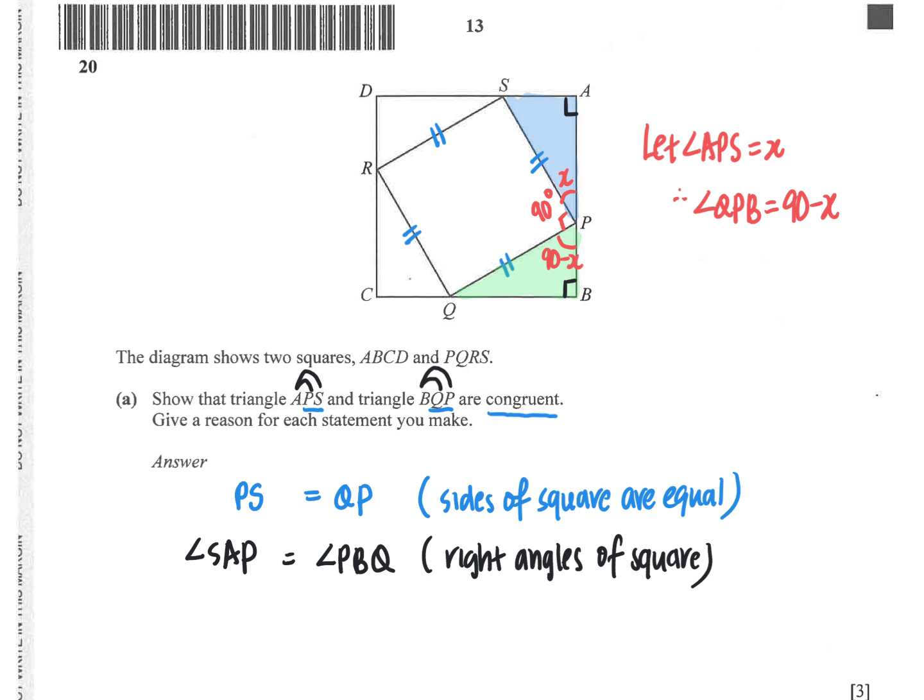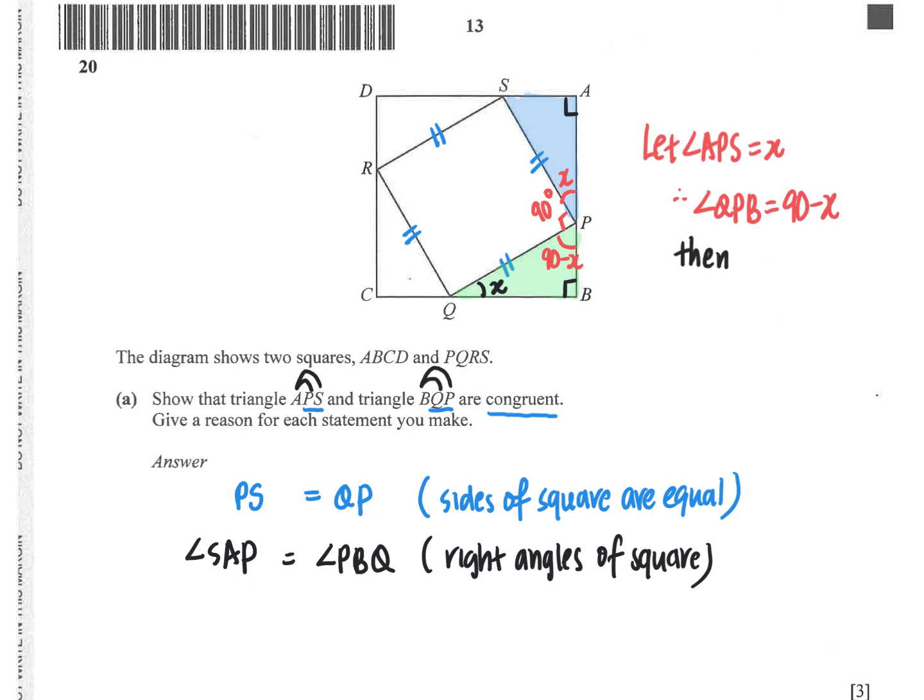So if this thing is 90, these two must add up to 90. So if I know this is 90 minus X, this one must be X, because these two are 90 degree. So I can also conclude that this one must be X.